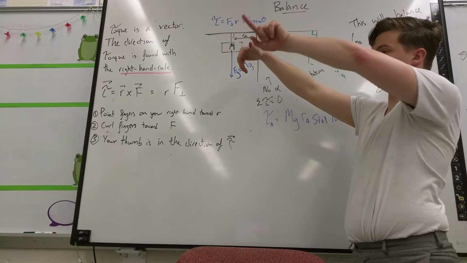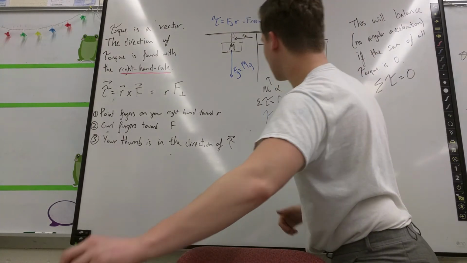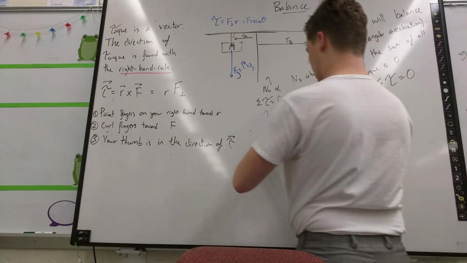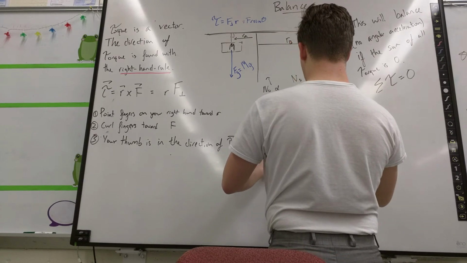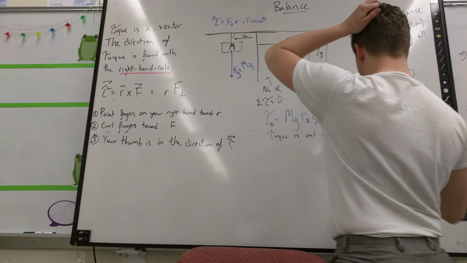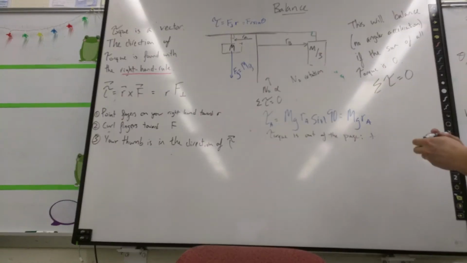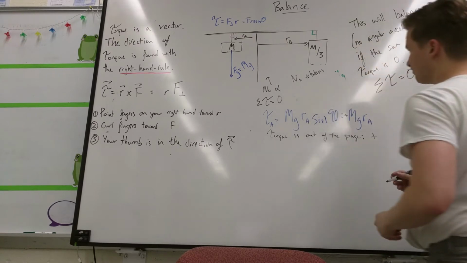Finally, 3, you look at the direction of your thumb. That is the direction of the torque. So the torque is coming out of the page, and I'm going to define that to be positive. So this is a positive mg Ra.